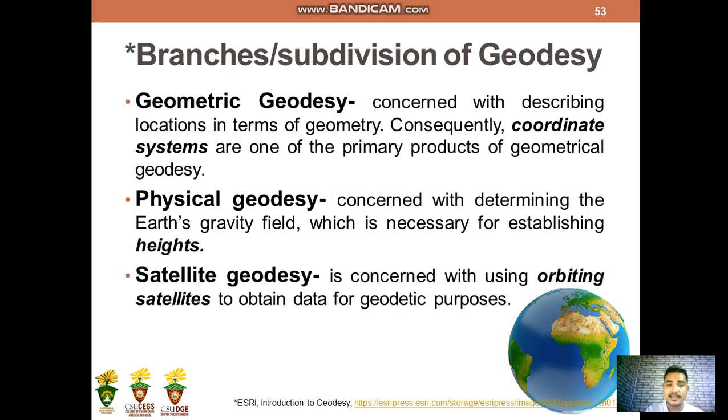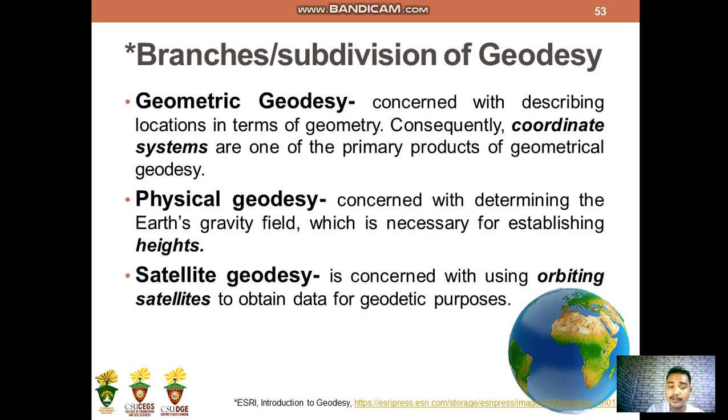Next is satellite geodesy, the third subject you are going to undertake. It is concerned with using orbiting satellites to obtain data for geodetic purposes. A satellite is artificially put in outer space to observe the Earth.